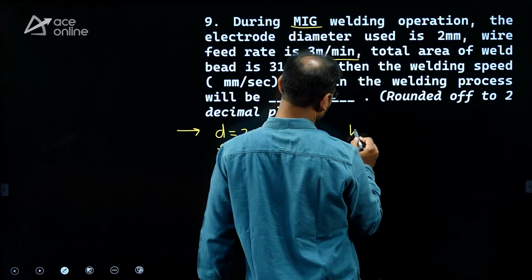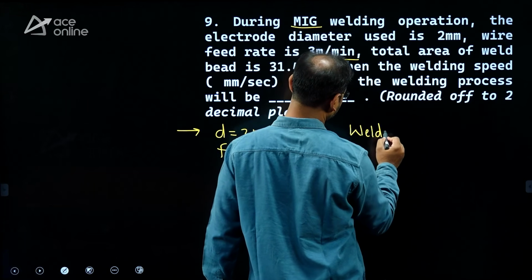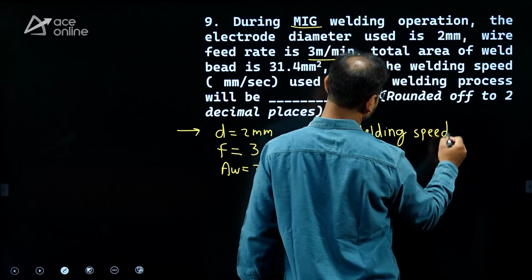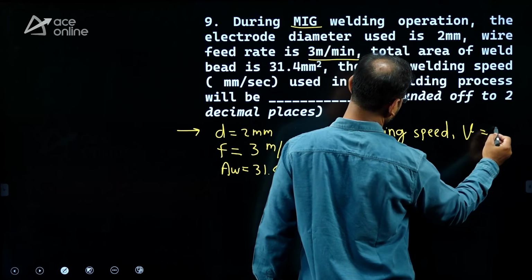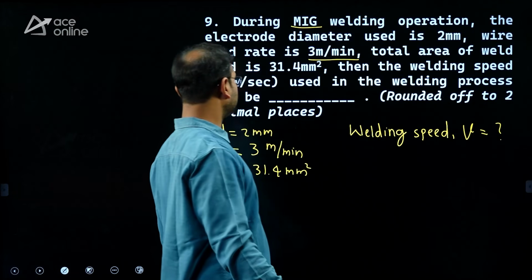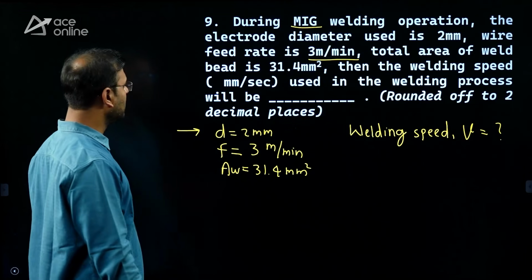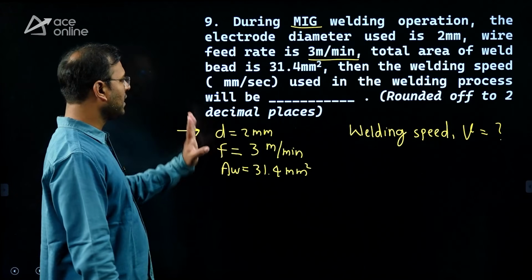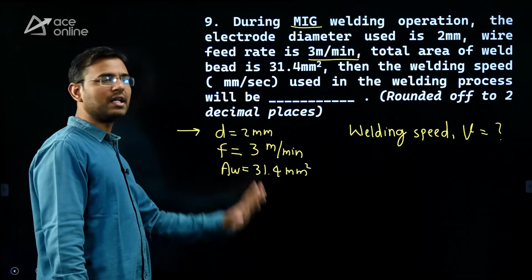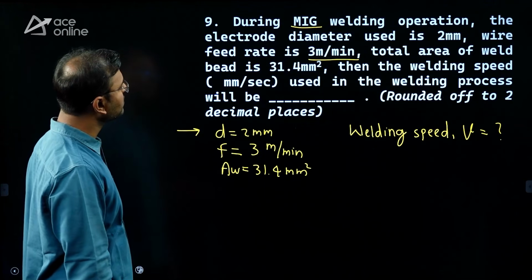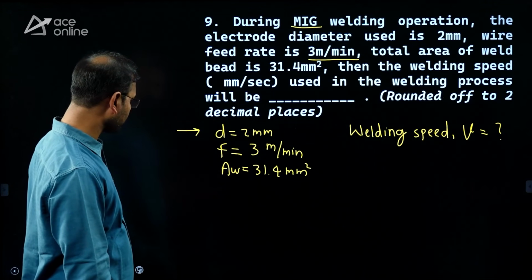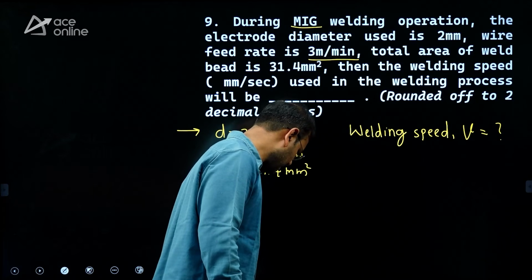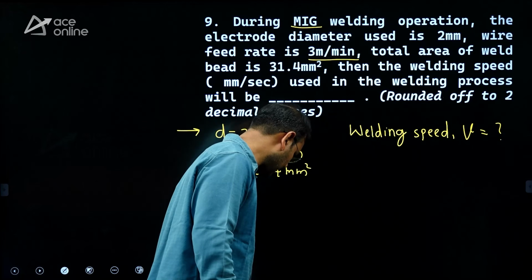Here we have to calculate the welding speed, and round off to 2 decimal places. It is a NAT question, numerical answer type question, then how to solve? Okay. Is there any data missing or is everything correct, guys? Here you can see everything is correct, nothing is missing.